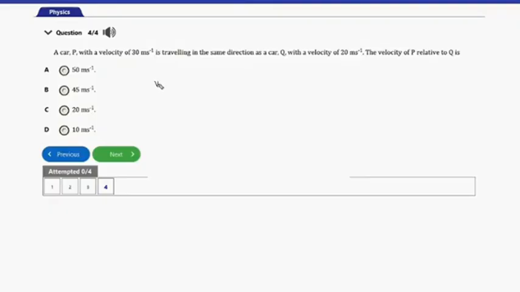So the relative velocity here of P over Q will be the velocity of P minus the velocity of Q. So guys, we have here 30 meters per second minus 20 meters per second, and that's 10 meters per second. So option D here is the answer to this question, and that's it for this question, guys.